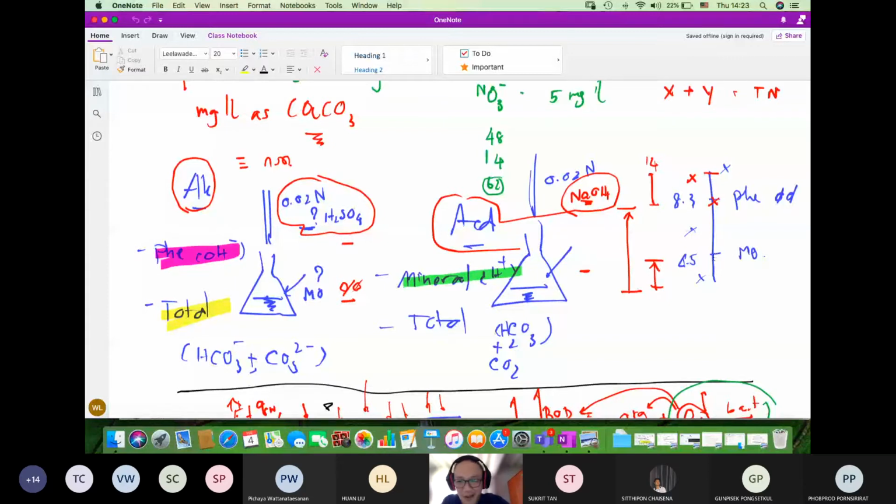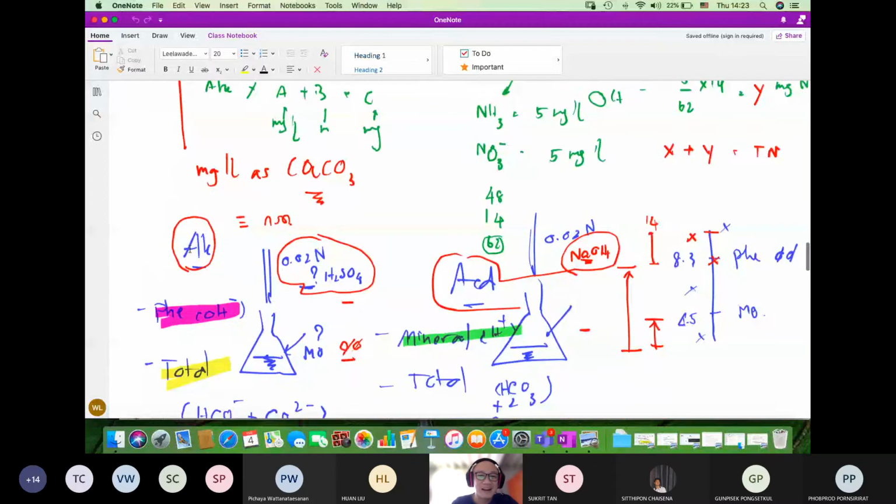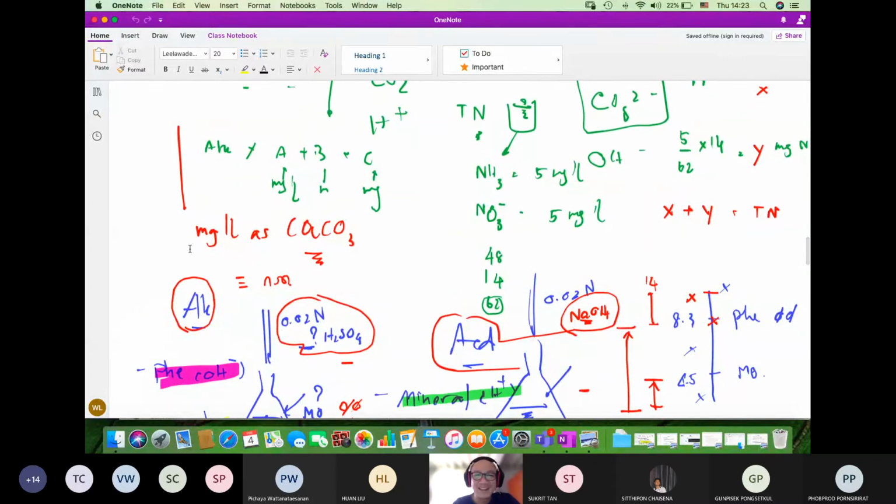Less than 4.5, no alkalinity. Above 8.3, no acidity. Listen carefully, because they are always opposite to each other.